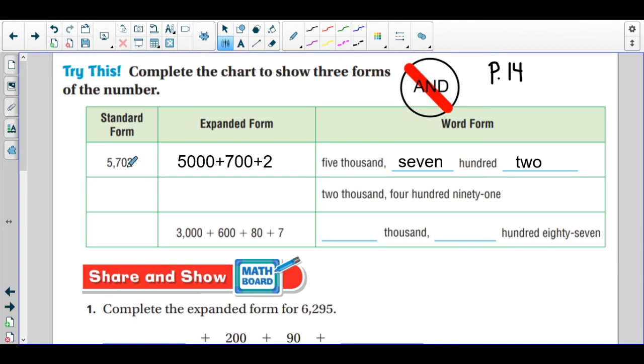Okay, right here we had 5,702. So we had 5,000, 702.